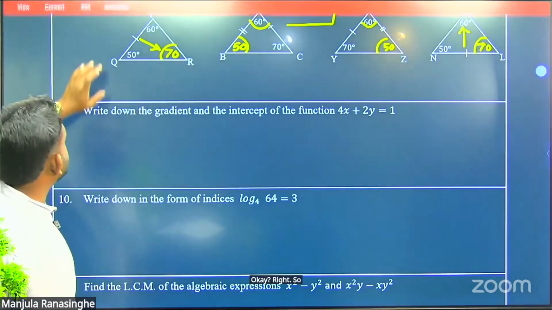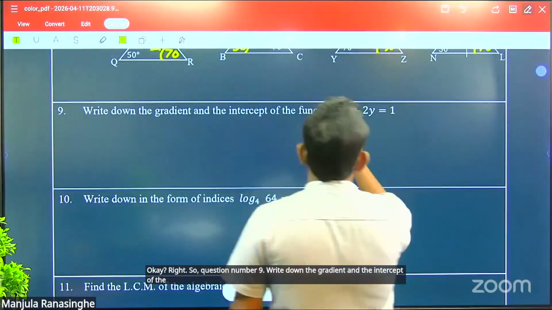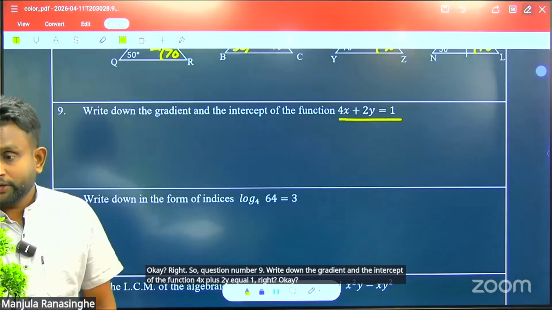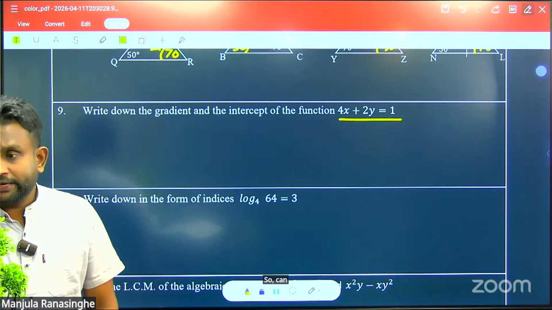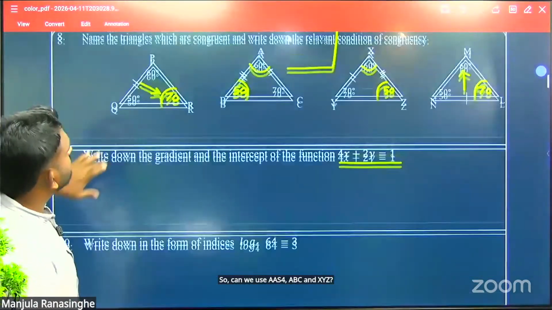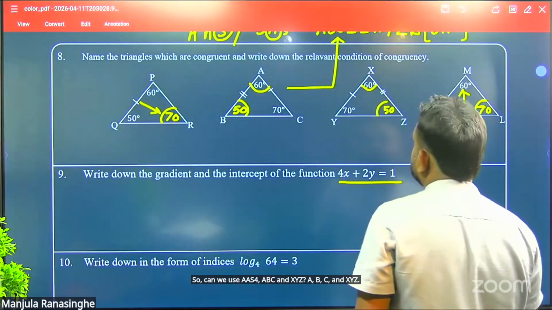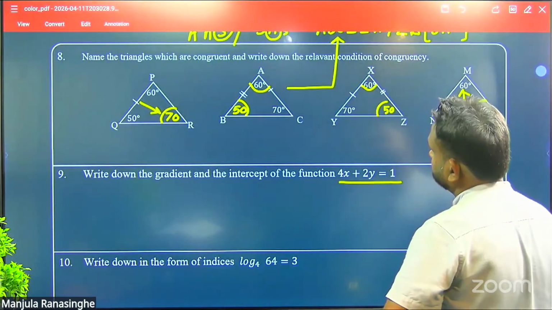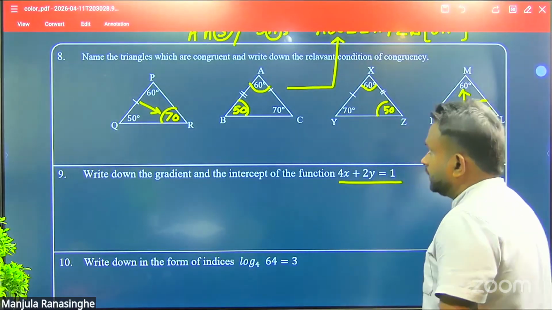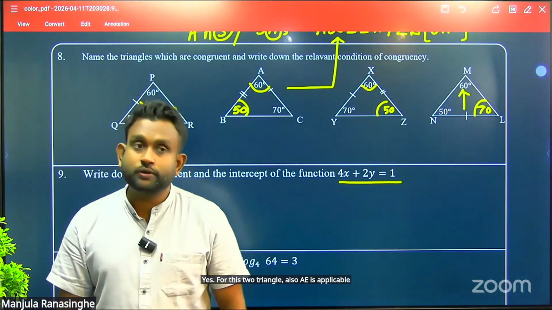So, question number 9: write down the gradient and the intercept of the function 4x plus 2y equals 1. But first, can we use AAS for ABC and XYZ? Yes, for these two triangles AAS is also applicable.